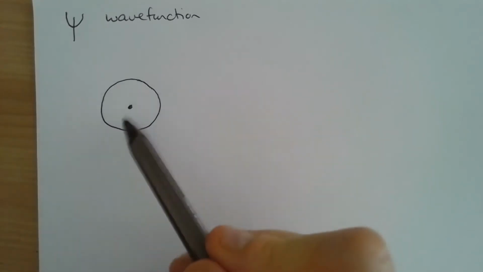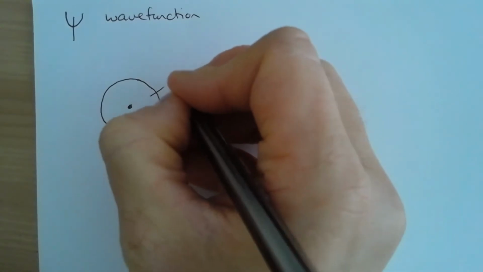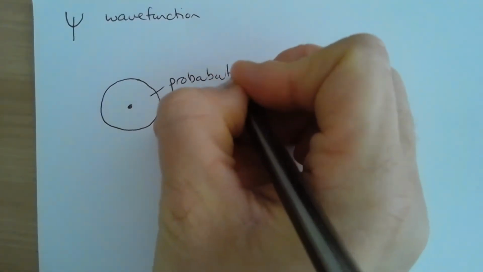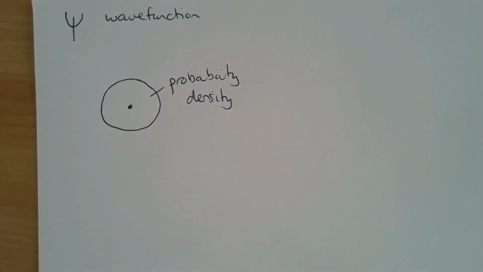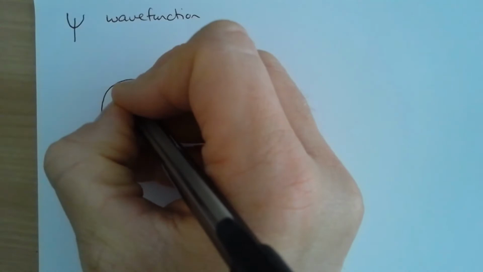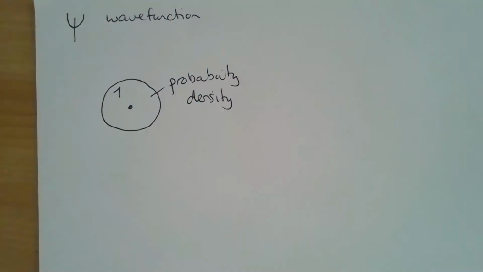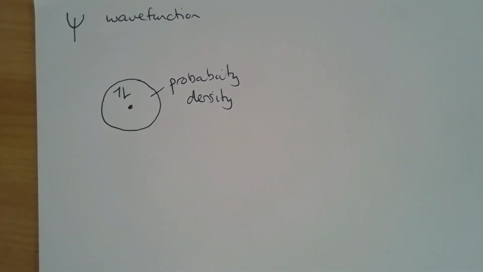It could be anywhere within here, so we think of this as basically being a probability density. And don't forget that we can get two electrons in here. We can get one with spin up or magnetic spin of +1/2 or -1/2.